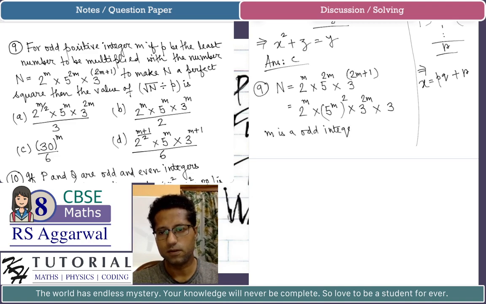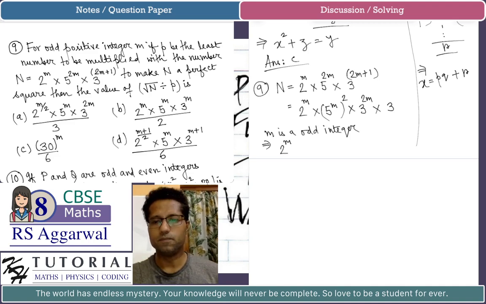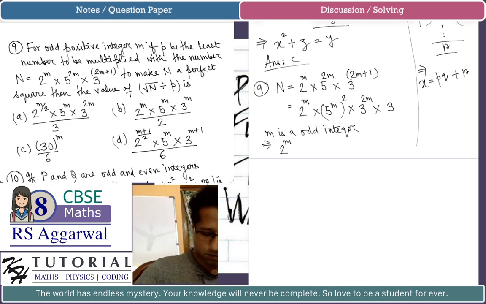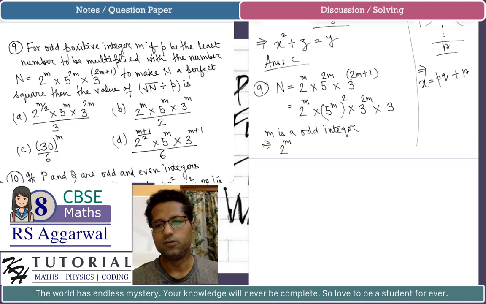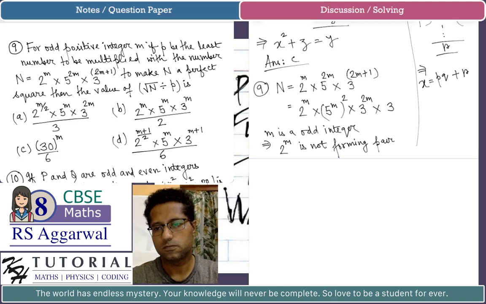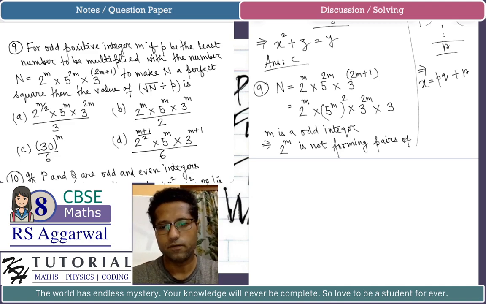If m is an odd integer, this will imply that 2 to the power m is not forming pairs of factor 2, since m is odd.